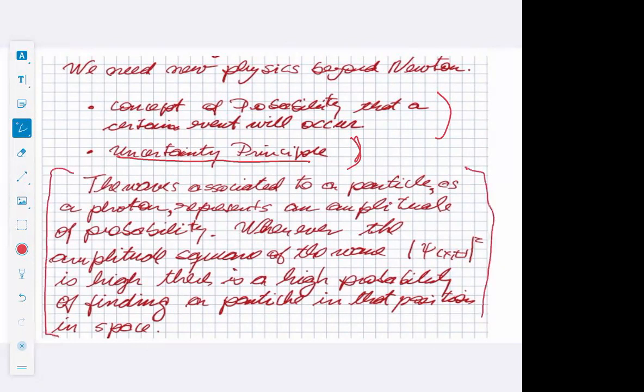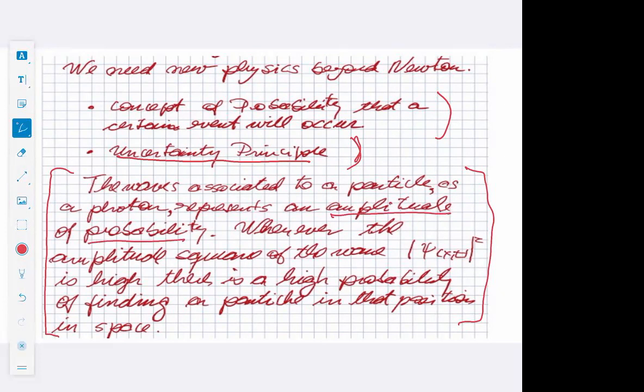We can now associate a wave to a particle, the wave that represents a photon, and the waves associated to the particles somehow represent an amplitude of probability.